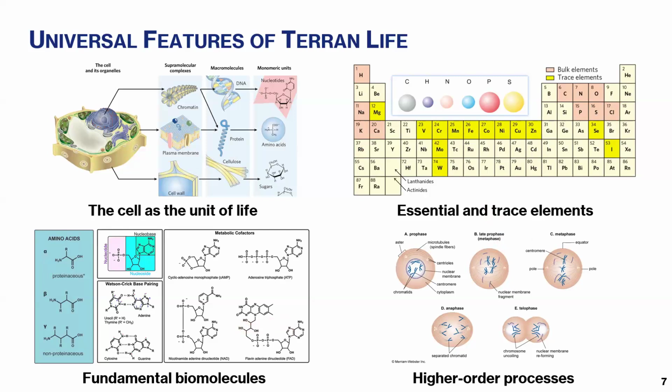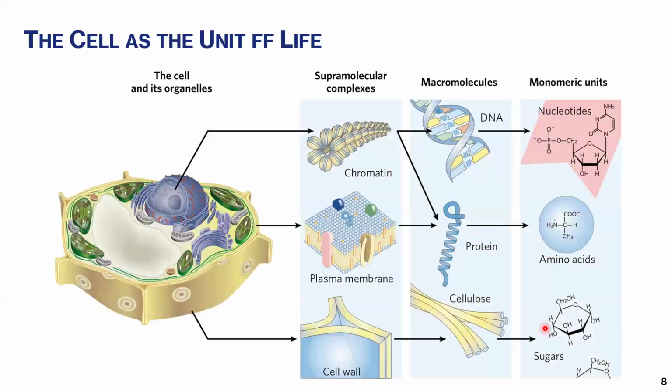Common processes and properties shared by all known life include order and structure, reproduction, metabolism, response to the environment, homeostasis, and evolution. The first thing is the cell as a unit of life. Life on Earth, except for viruses, is cellular, either as a single cell or a multicellular unit.